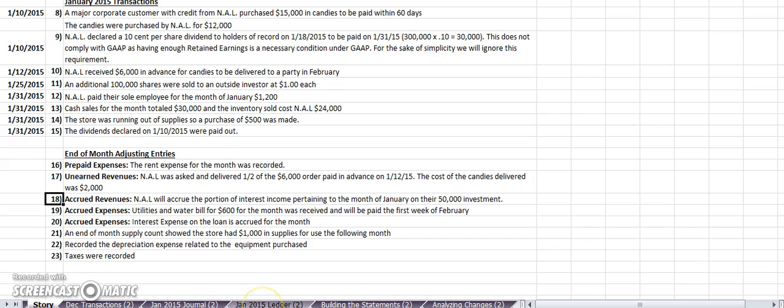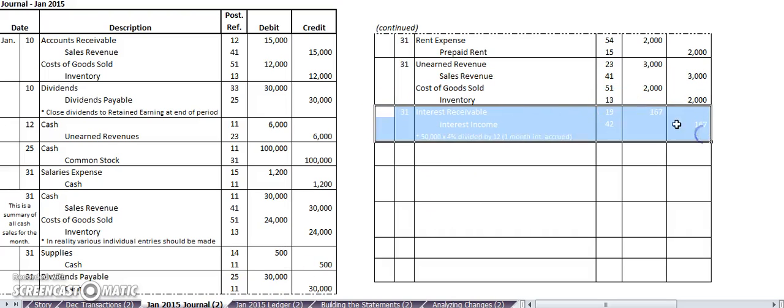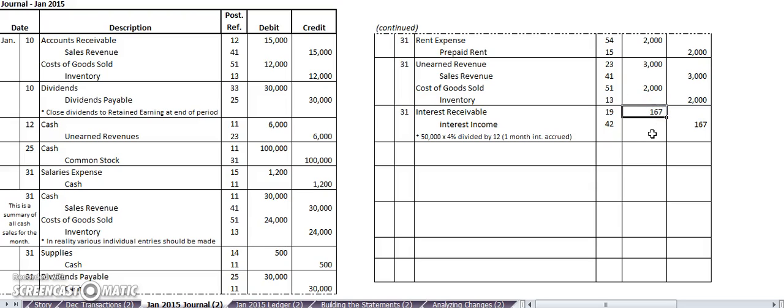Okay, so let's see what we would do there. I had already prepared this and done the calculations. So 50,000 times 4% divided by 12, because we're only accruing 1 month. That came out to $167. So I'm going to recognize the interest income of $167.